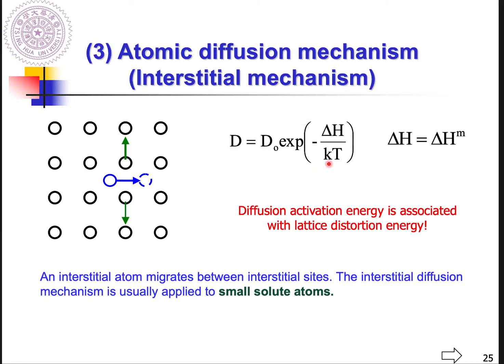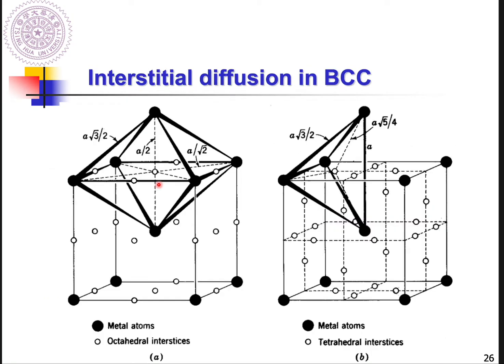And this other term is the temperature-dependent term, so we have enthalpy, and this enthalpy, the migration energy, is associated with the lattice distortion due to this kind of atomic jumping process through interstitial sites. Okay, so before we give you some real examples, let's take a look at interstitials.